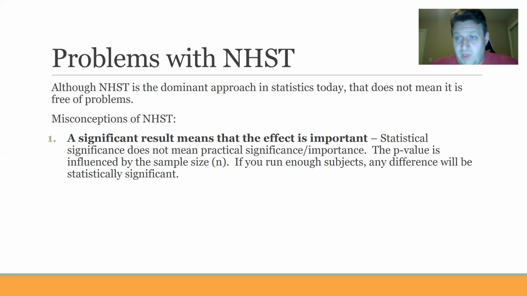Okay, so yes, there's an age difference, but it might not matter. All right, and it might not be that important. I mean, maybe we say, oh, older adults are slowing down, but it's a difference of 1 millisecond. Who cares? Okay, it is a difference, but practically speaking, that shouldn't matter that much. We should not necessarily be concerned about the slowing during aging if that is the effect.